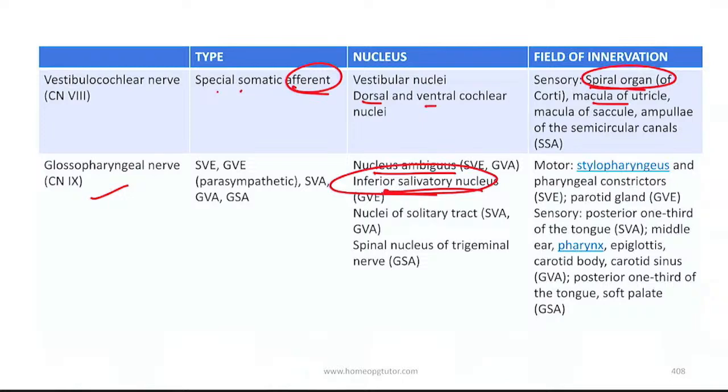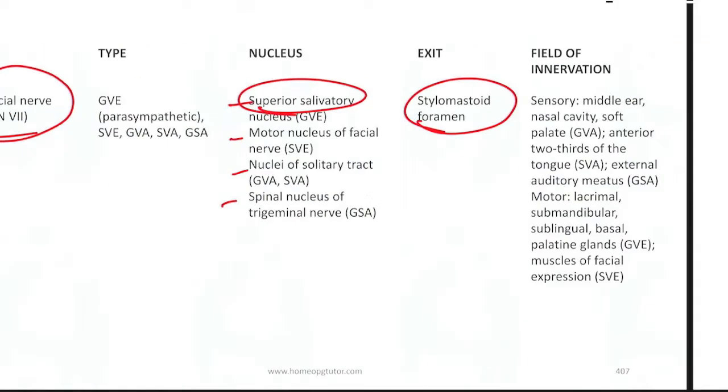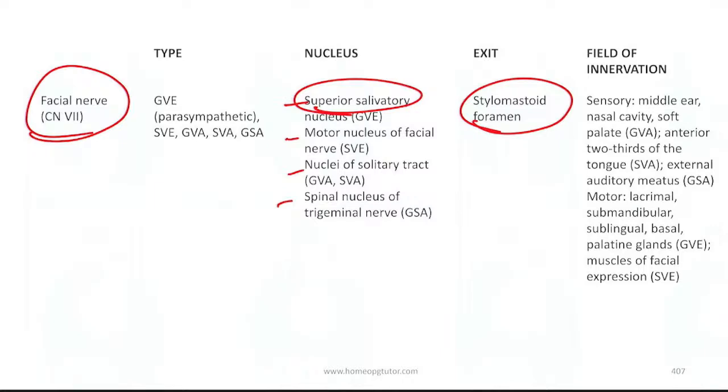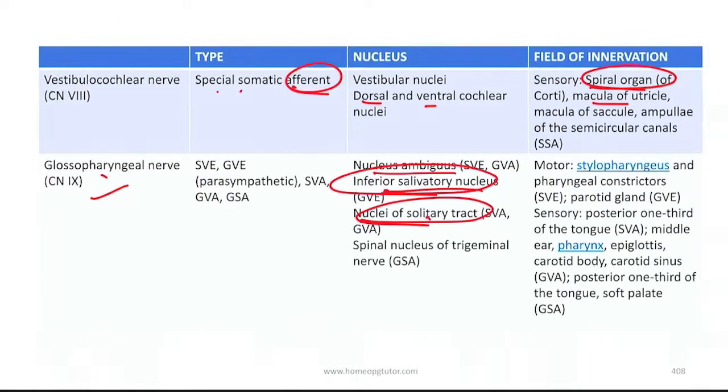Then again nucleus of solitary tract, which gives nerve roots to facial nerve and also glossopharyngeal nerve. That is why the lower cranial nerve nuclei are somewhat fused. Then also spinal nucleus of trigeminal nerve.